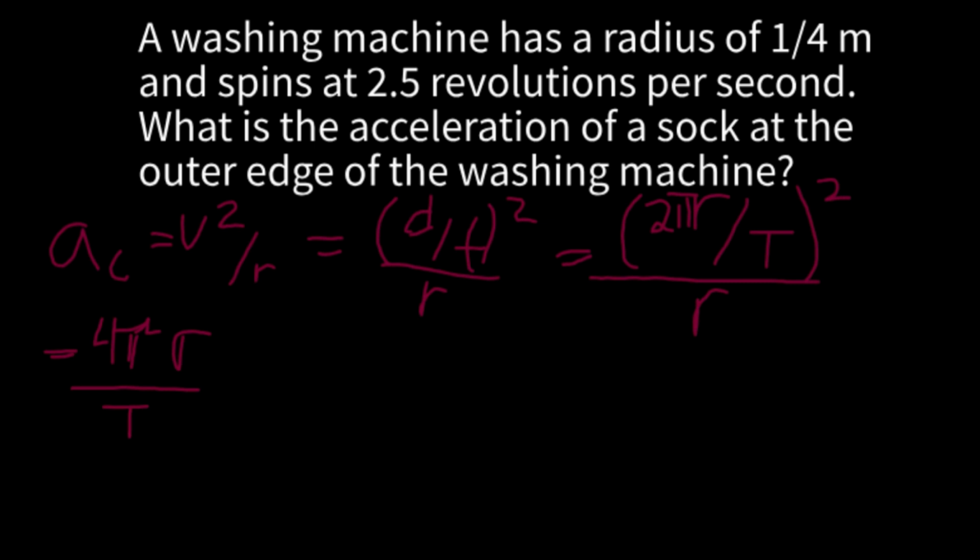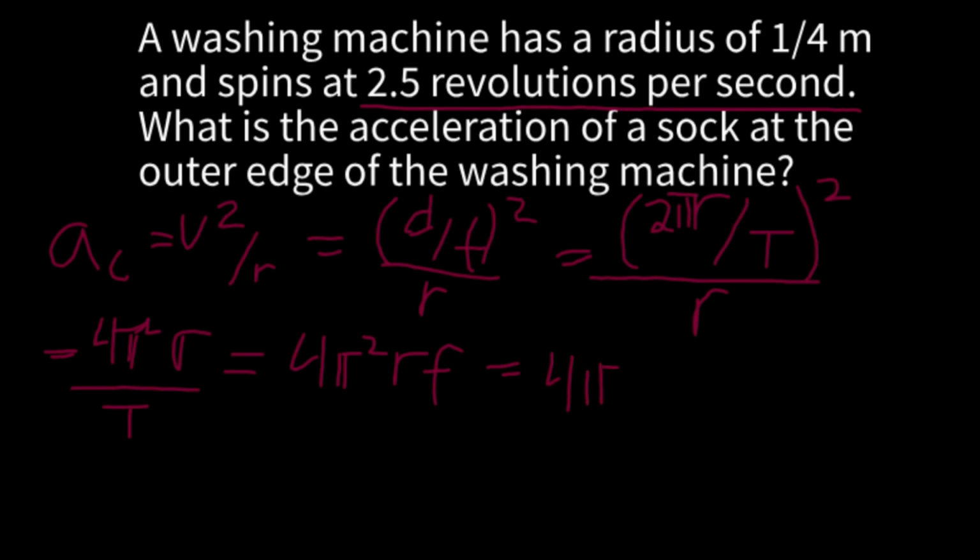So you can put in your numbers, but notice here that we have a period, and here we're saying revolutions per second. That is how many revolutions the washing machine makes in 1 second. So this is going to be 4 pi squared radius times frequency squared, because we are given the frequency.